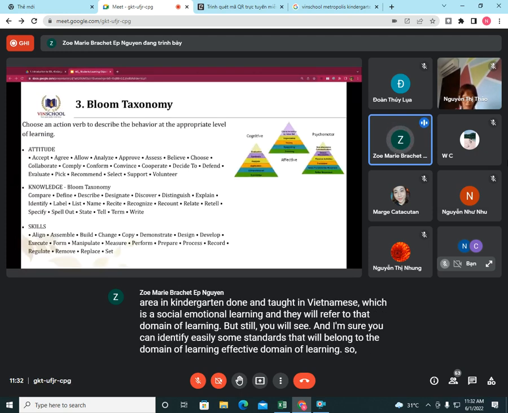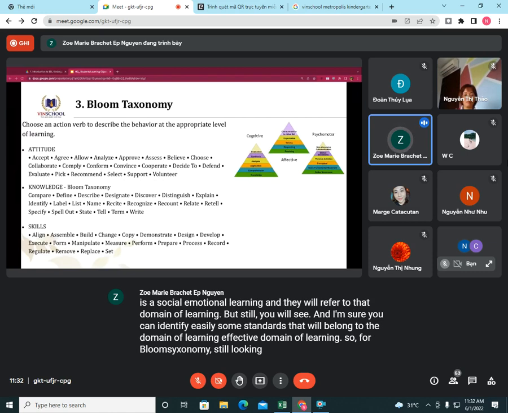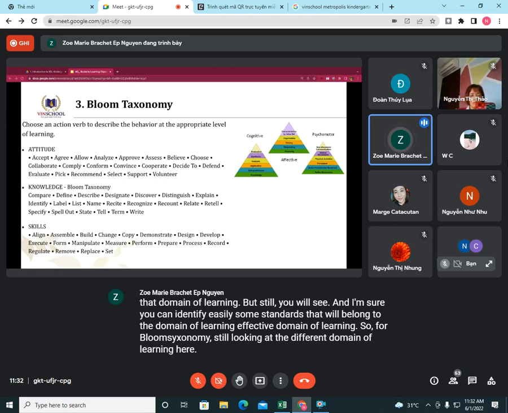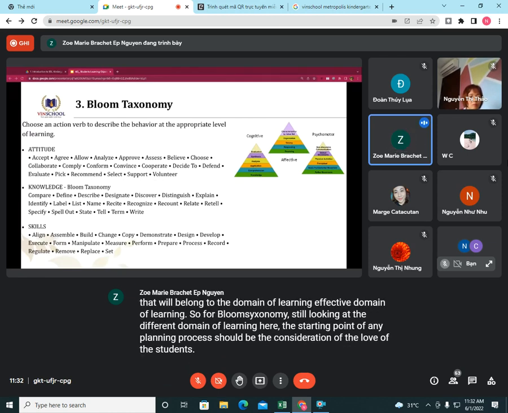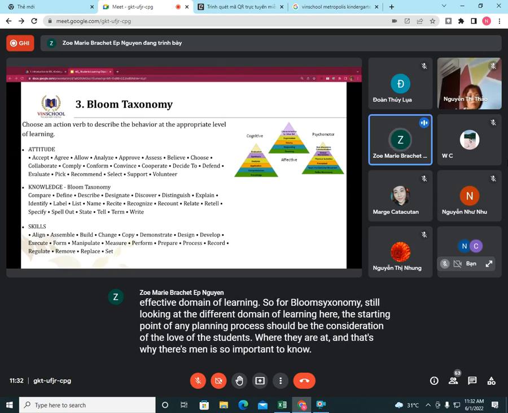So for Bloom's taxonomy, still looking at the different domains of learning here. The starting point of any planning process should be the consideration of the level of the students, where they are at, and that's why assessment is so important, to know how to get there next.